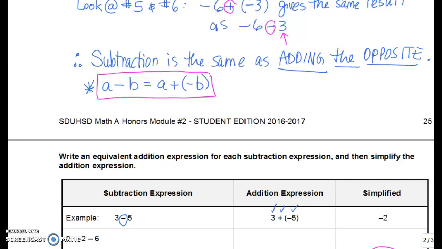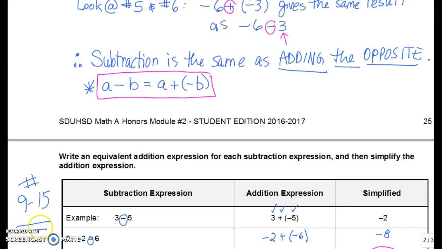Number 8, -2 minus 6. We only change it when it's a minus sign. -2 minus 6 is the same as -2 plus -6. The answer is -8. So please use that kind of thinking to do numbers 9 through 15.